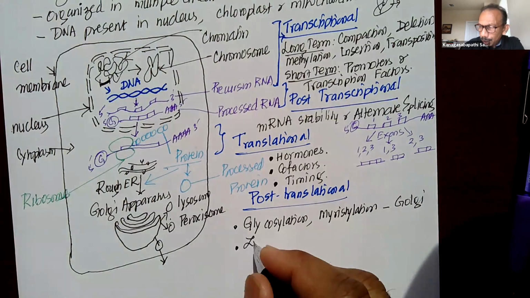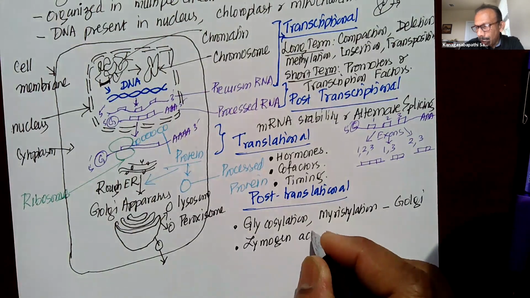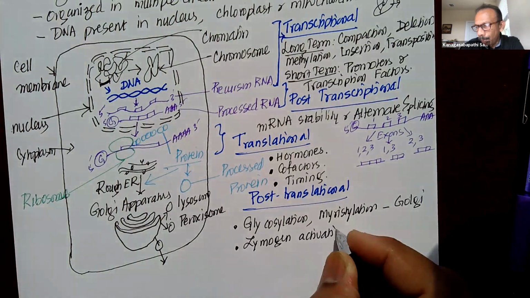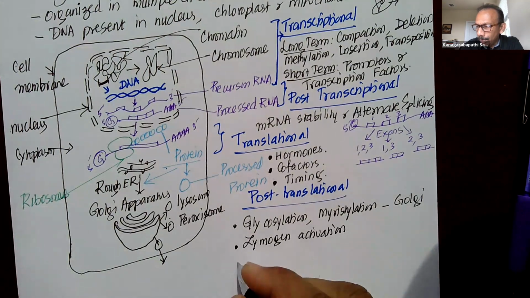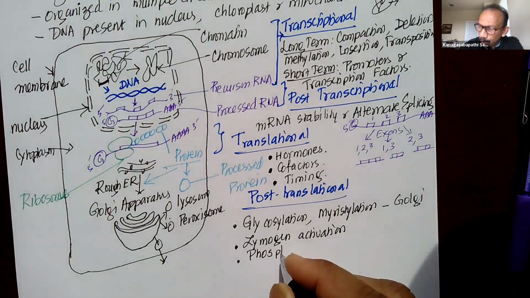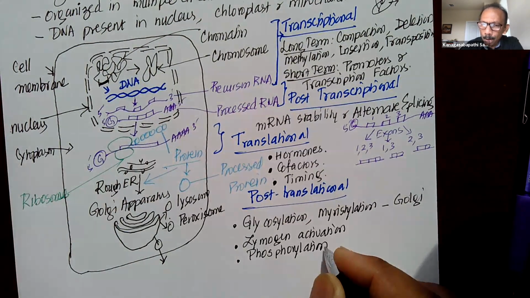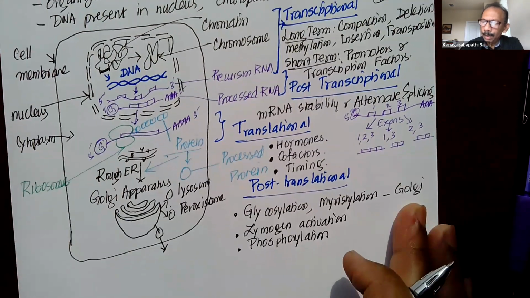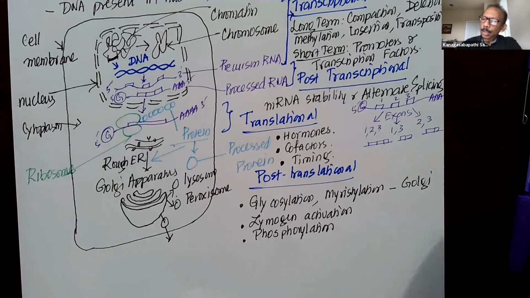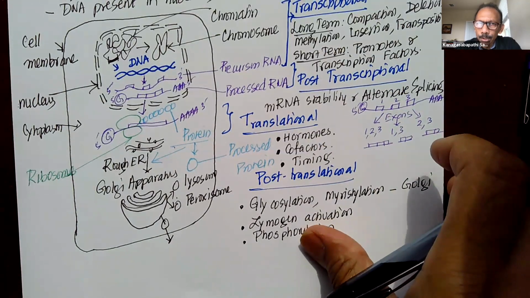And zymogen activation, an example of which is insulin that is made as an inactive precursor, then it becomes active. Then there are other types of modification like phosphorylation. We have seen that in the sodium potassium pump or the phosphorylation cascade. So different levels of regulation are happening in different stages of protein synthesis.